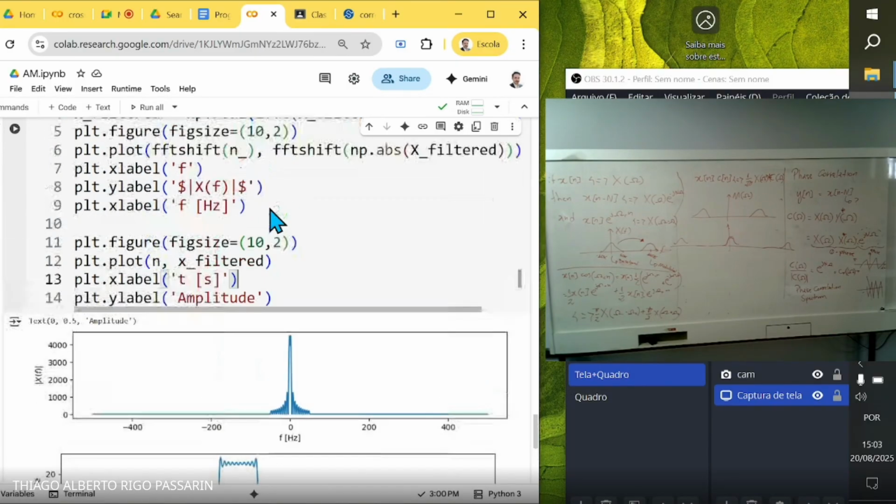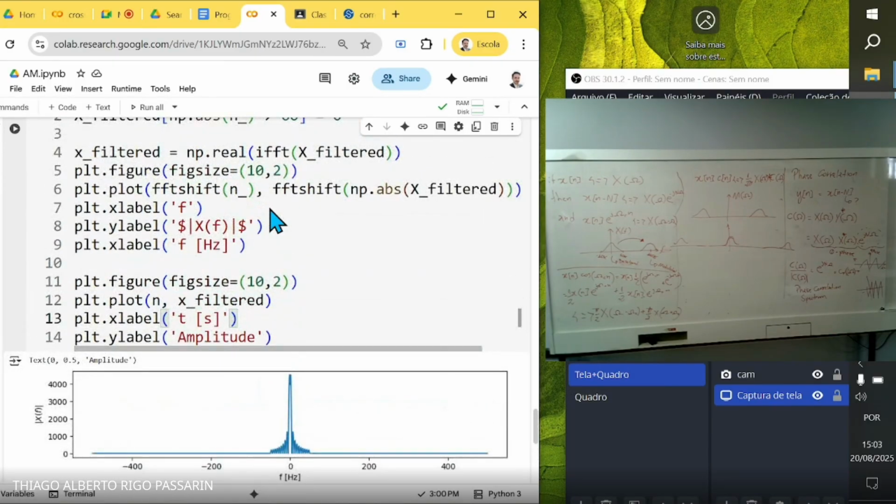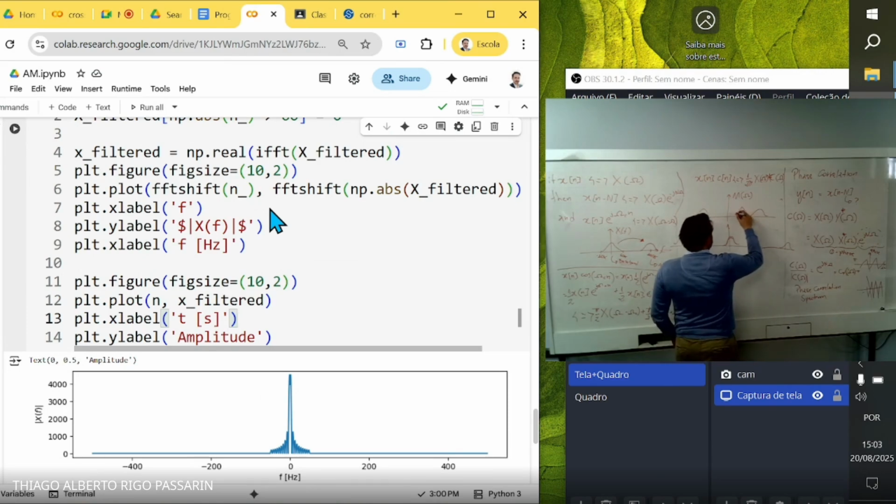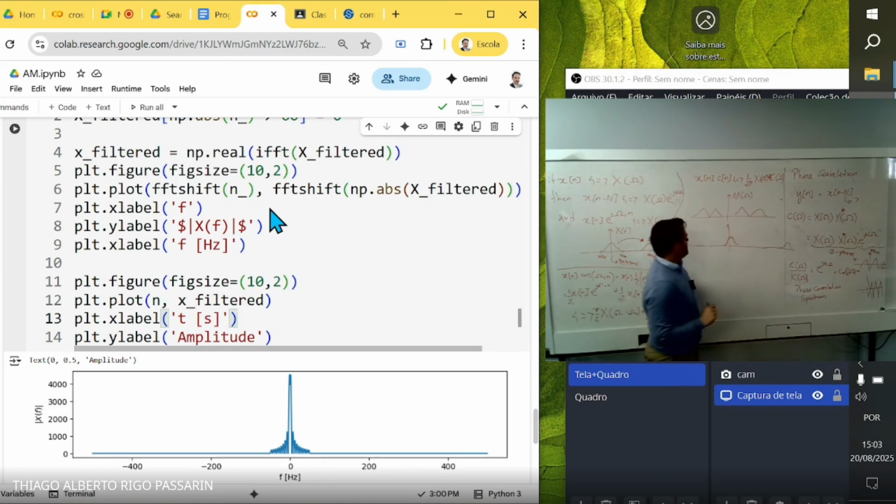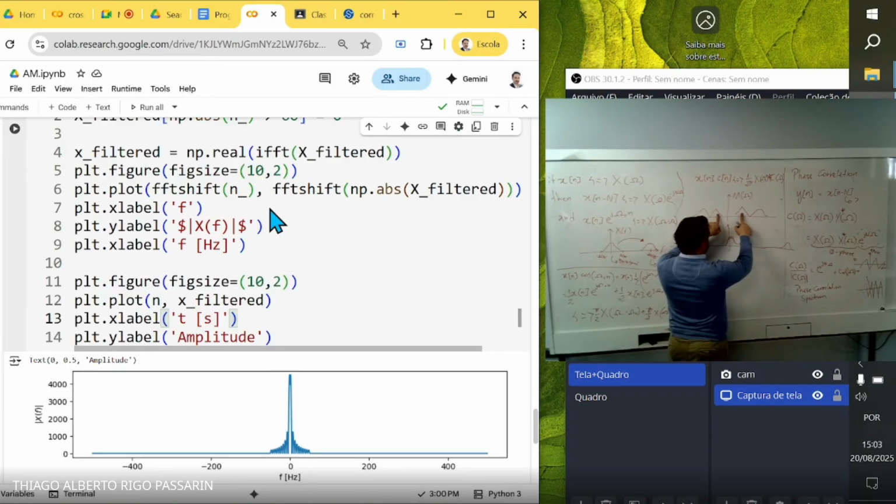Another thing that we can do is multiplexing. This is our modulated signal, we can sum it with some other modulated signal. Here, for instance, this was modulated by a certain frequency, this one by another frequency, this one by another frequency.